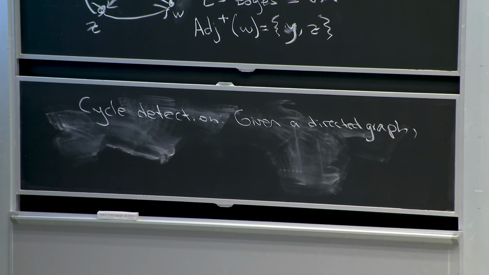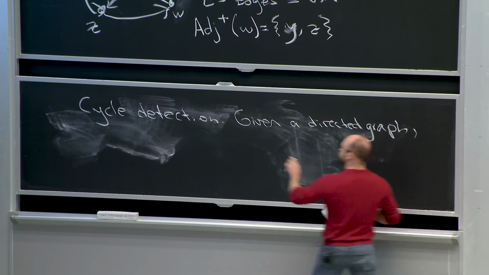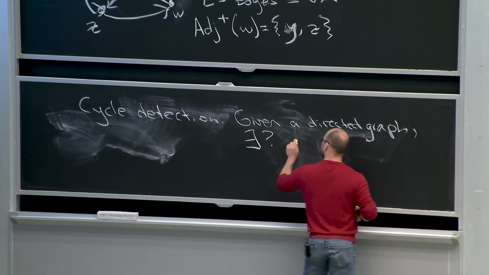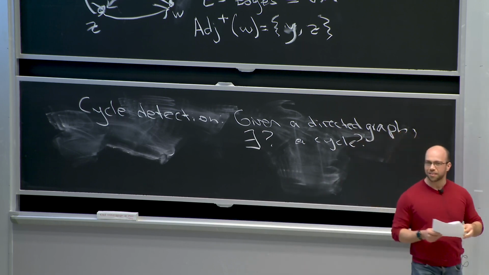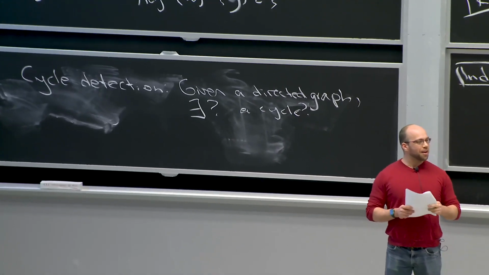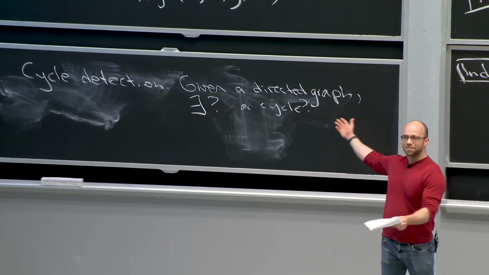And so the question that we're trying to ask is, does there exist a cycle in our directed graph? So we're just given our graph and we want to know, can we do this?